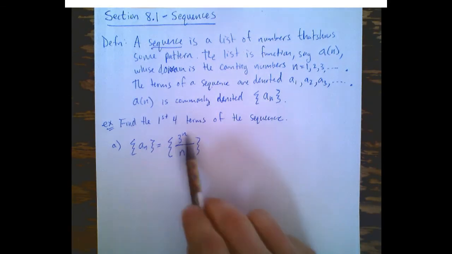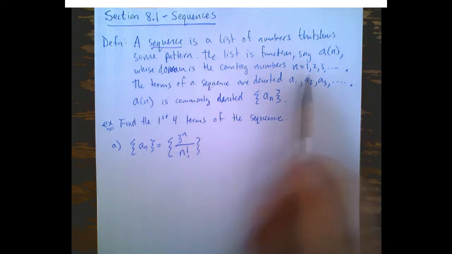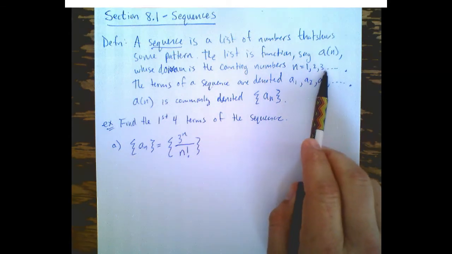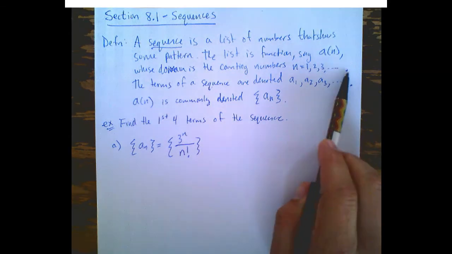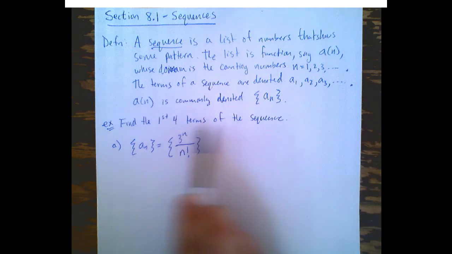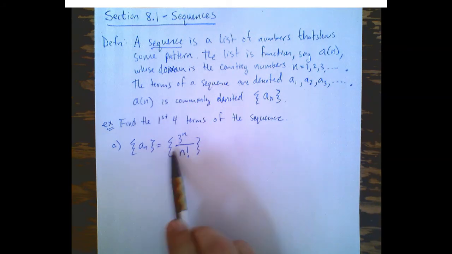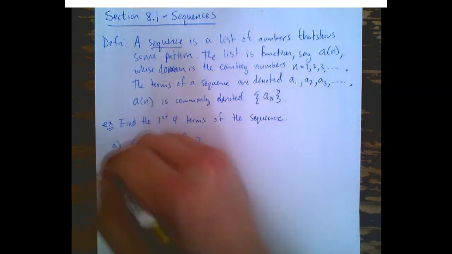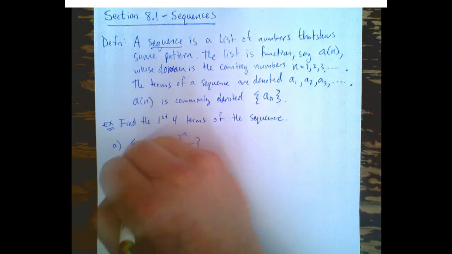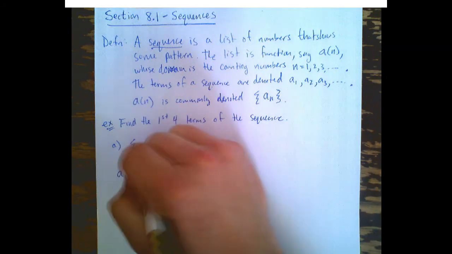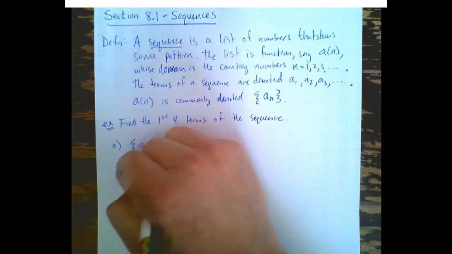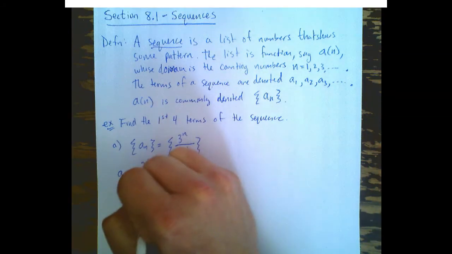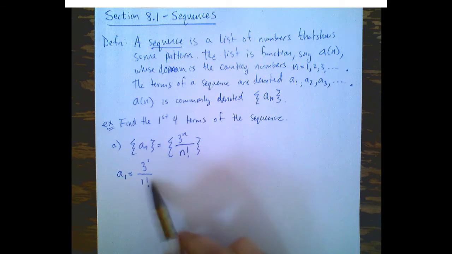So again, we're treating this as a function with domain values 1, 2, 3, 4, 5, 6, and so on. To find the first 4 terms, we simply substitute in 1, 2, 3, and 4 for n. So what would A1 be? A1 would be 3 to the first power over 1 factorial. Now, what does this factorial mean?